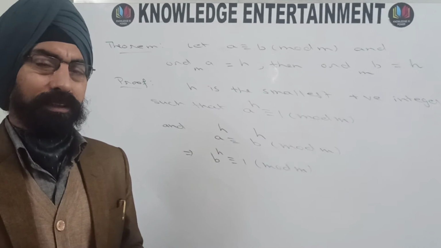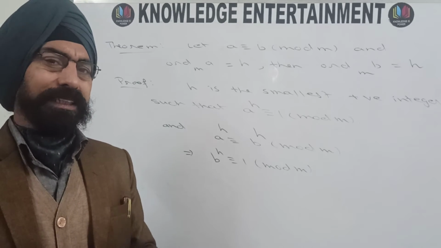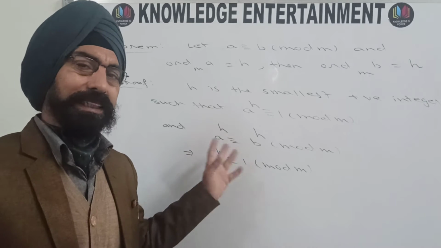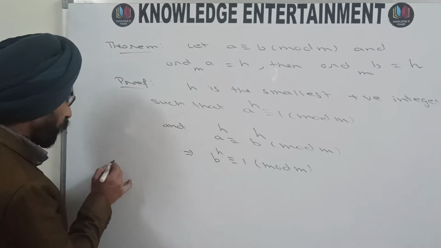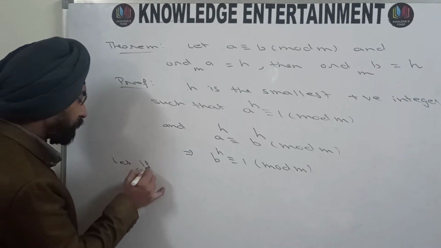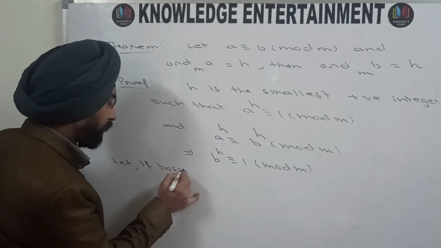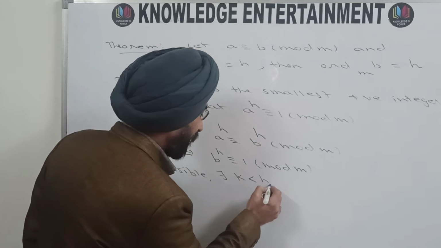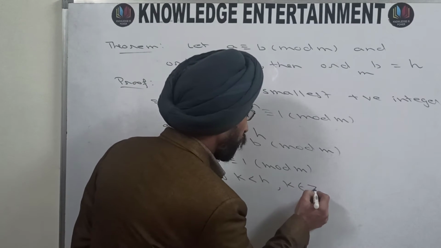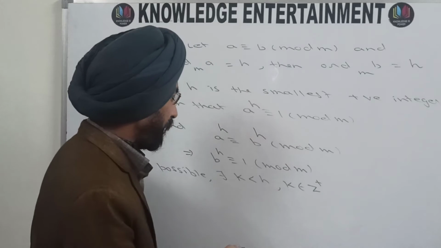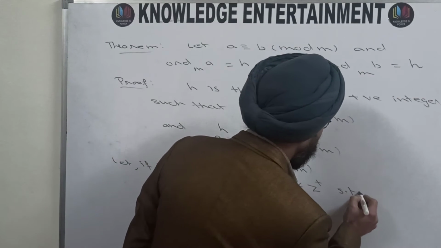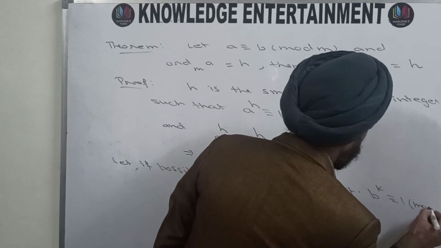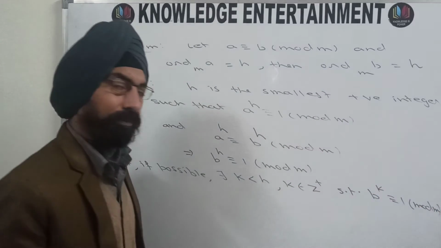So suppose on the contrary there is another positive integer which is less than h and satisfies this condition. So let, if possible, there exist k less than h, k belonging to the set of positive integers, such that b raised to the power k is congruent to 1 modulo m.